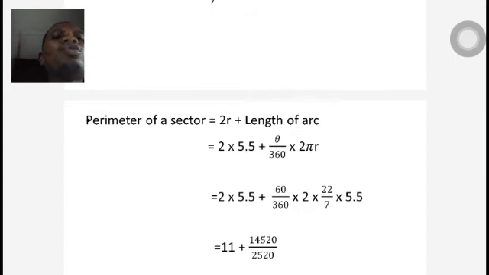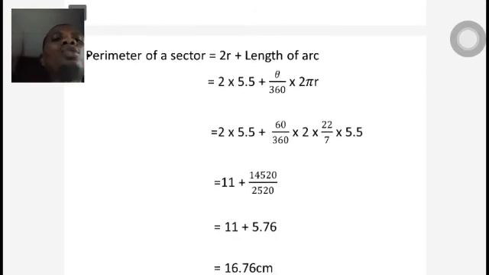So you have 2 times 5.5 plus the length of an arc, which is theta over 360 times 2 pi r. So now I have 2 times 5.5 plus, the angle you are given is 60, so 60 over 360 times 2 times the value for pi, which is 22 over 7, times the radius, which is 5.5.